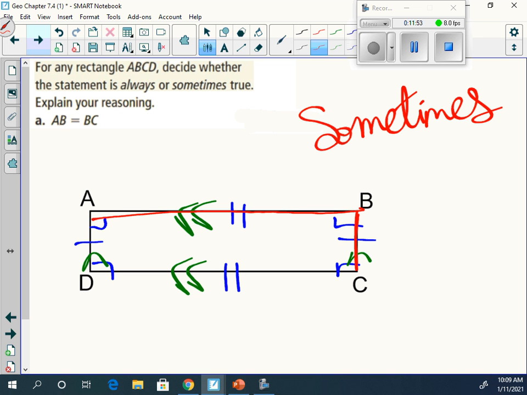Because when would it be true that these 2 sides would be congruent? When it's a square, when all 4 sides are congruent. Because that would be the case, it would work. But it's not always going to be true. Not every rectangle will be a square, but every square will be a rectangle. Any questions on this here?